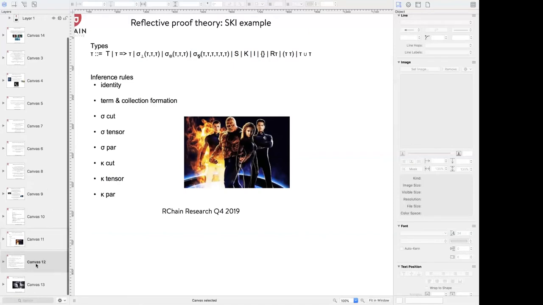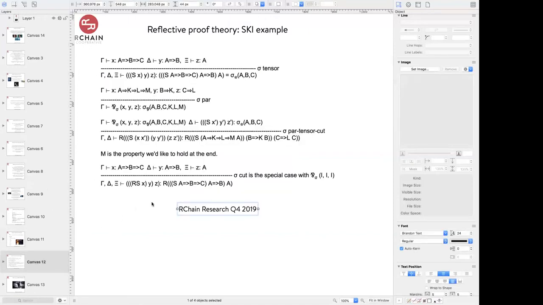And now the proof rules look like this. So essentially, as I said before, you're going to form an S rewrite rule. You're going to take the S rewrite rule and not supply the R, and you're going to form the S rewrite rule and supply the R. So that's right here.